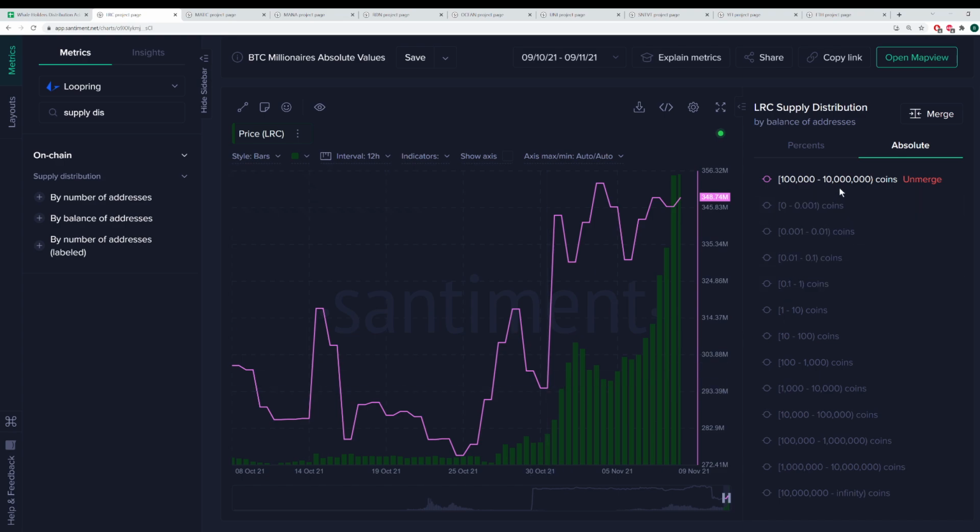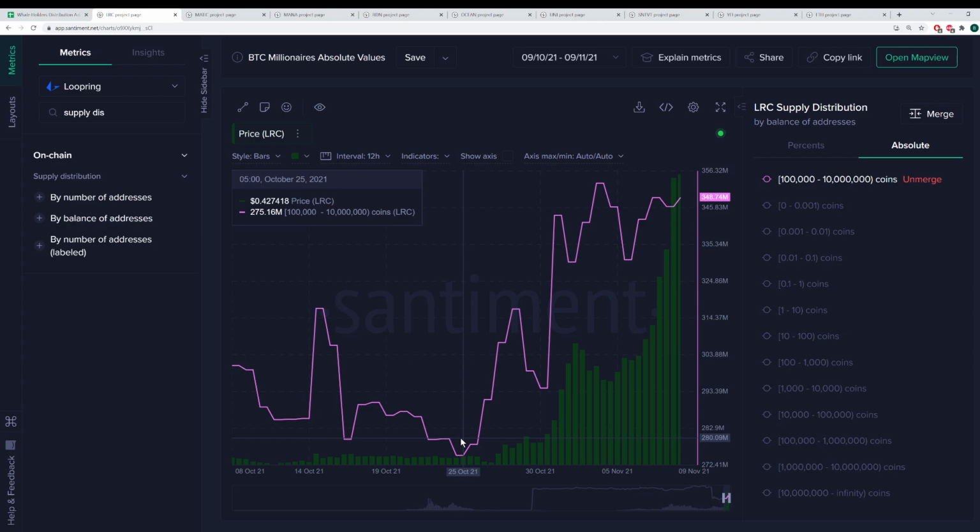So right now, I'm looking at the amount of 100,000 to 10 million coin holder addresses over time. And we can see, going back to October 25th, before some fundamental news really started to raise the price, as many of you know, with Loopring. I won't get into it now since we want to keep this all about the data itself and how to use whale behavior metrics.